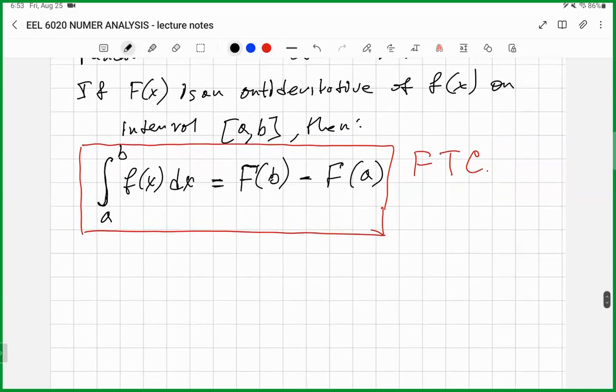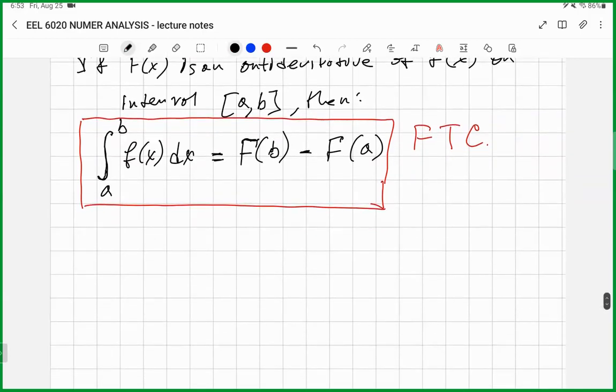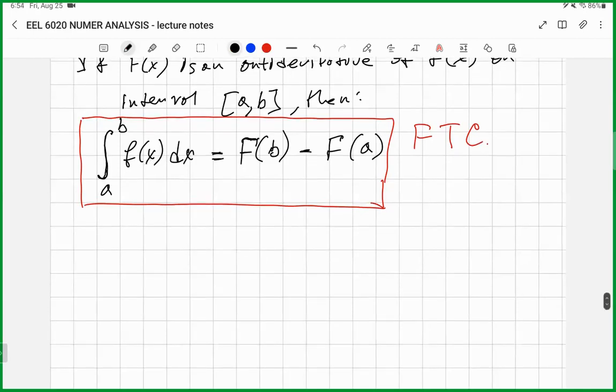So let's consider this a little further. Let's suppose that we have a function f, and we can take the derivative of this function, and the result is another function. Let's name this function g.